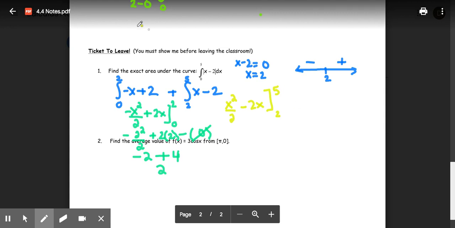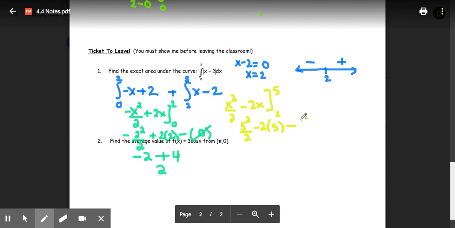Which number do I plug in first, guys? You always plug in the top number first, 5. So you get 5 squared over 2 minus 2 times 5. Okay, that's plugging in the 5 first.